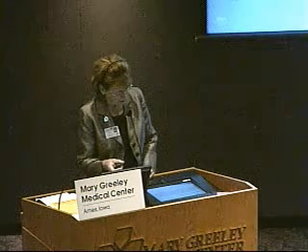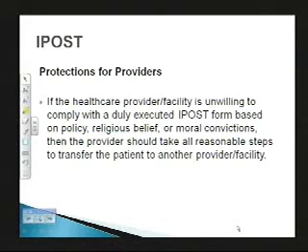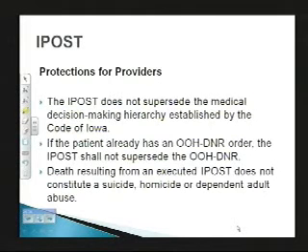If the physician is unwilling to comply with a valid iPost order set for whatever reasons, they should take all measures to transfer that patient's care to another provider. Can't imagine that would happen, but there's a provision for that. And the iPost does not supersede any of the medical decision-making hierarchy that's already established in the Code of Iowa. And if the patient already has an out-of-hospital DNR, which a few people do, it does not supersede that.